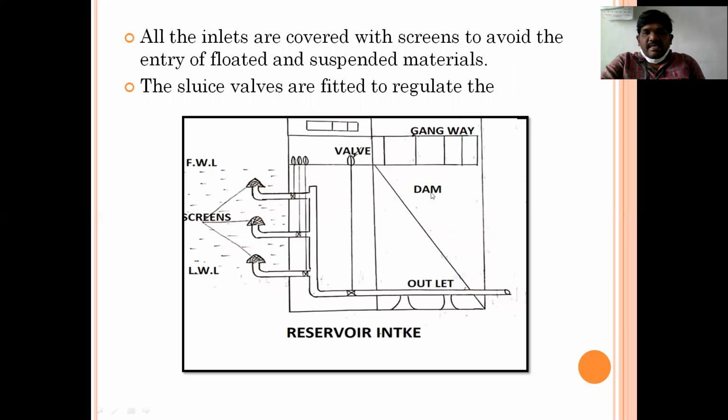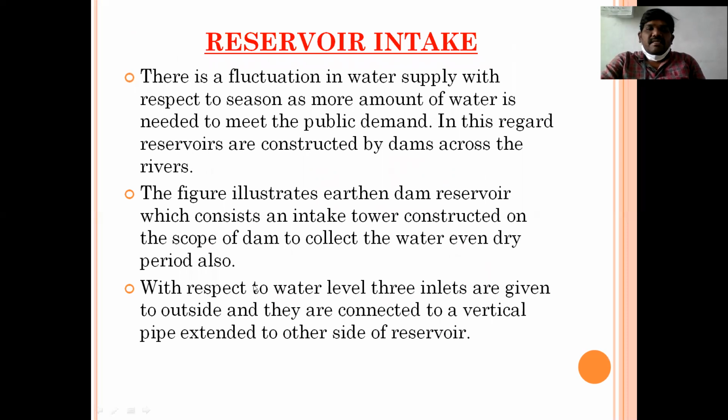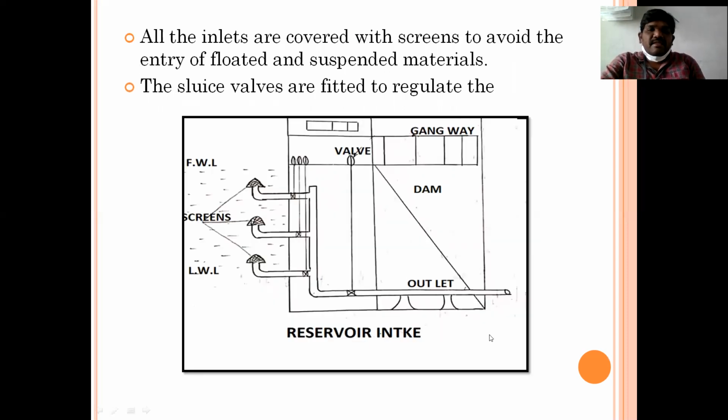Understand? See here, this is constructed near the dam with three openings with respect to different water levels. With respect to water level, three inlets are given to the outside, and they are connected to a vertical pipe extended to the other side of the reservoir. On the other side of the reservoir, one outlet vertical pipe is given.